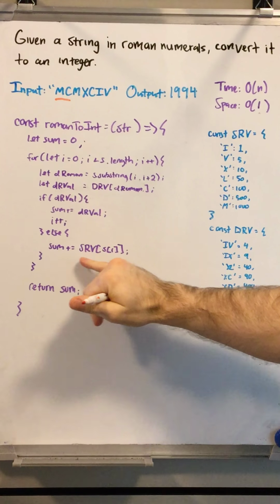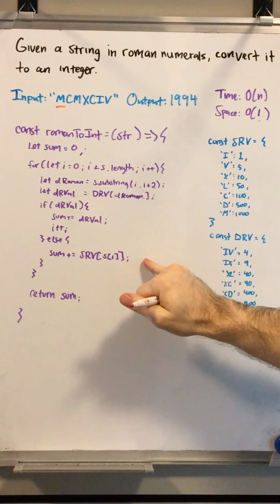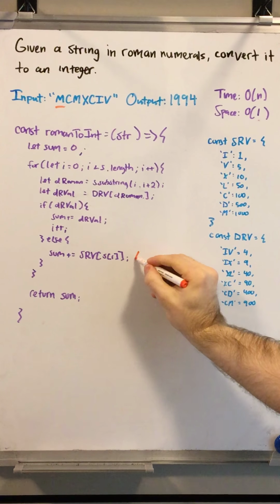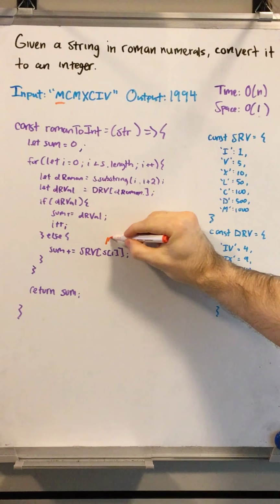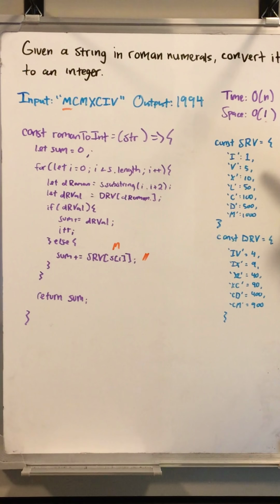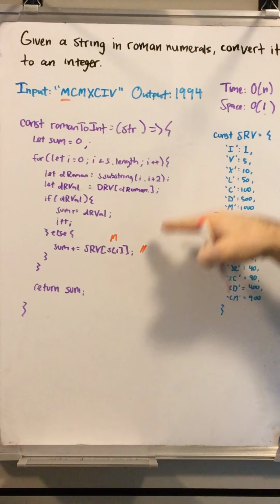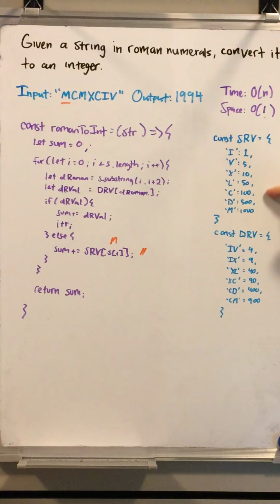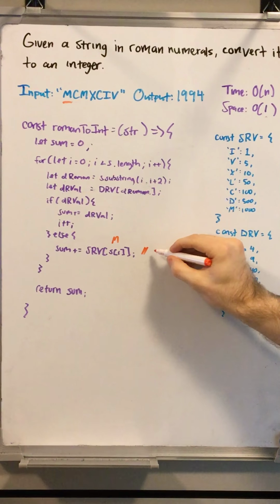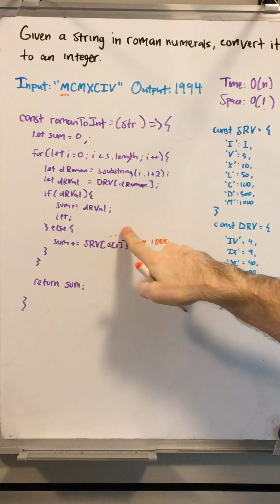So what we're going to do is add M to our sum. If we look up M inside of SRV, which stands for single Roman values, DRV stands for double Roman values, when we look up M in our single, it will give us 1,000. So we add 1,000 to our sum here.